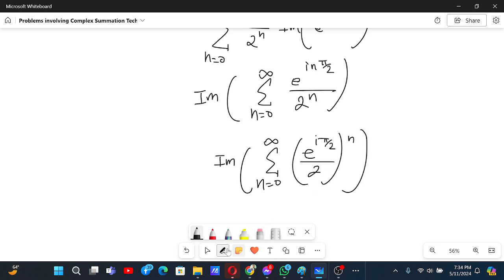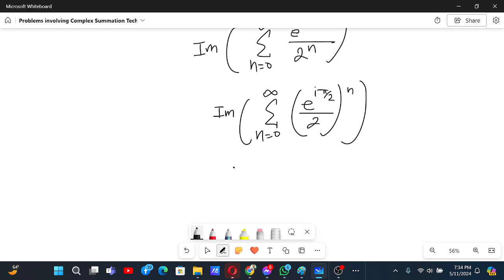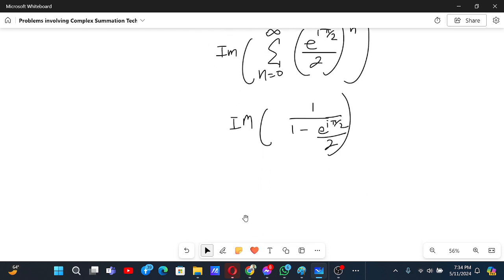Now if you have to sum this, since the modulus is just 1 by 2, which is less than 1, we can use the infinite GP formula, and that will be a by 1 minus r. And now this will be the imaginary part of 2 by 2 minus e to the power i pi by 2.